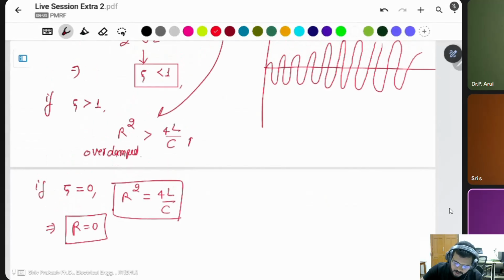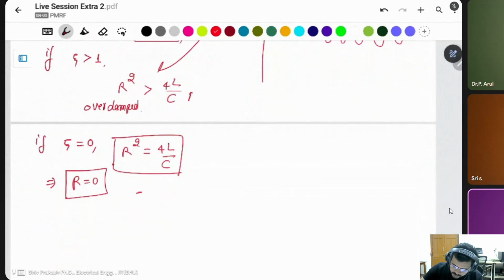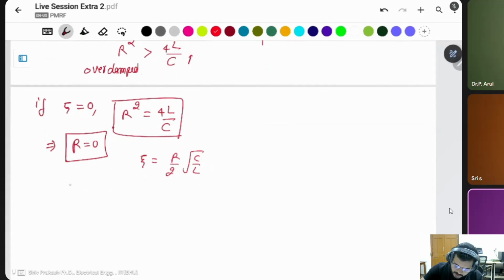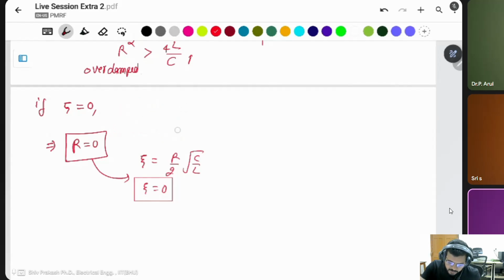This is another case, because zeta is directly dependent on R by 2 root of C by L. If L and C are there but R is equal to 0, then zeta is equal to 0. Simply, if zeta is 0, R is equal to 0, and in that case you can say this is the undamped system.